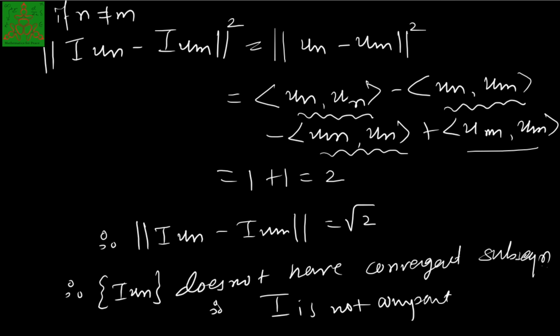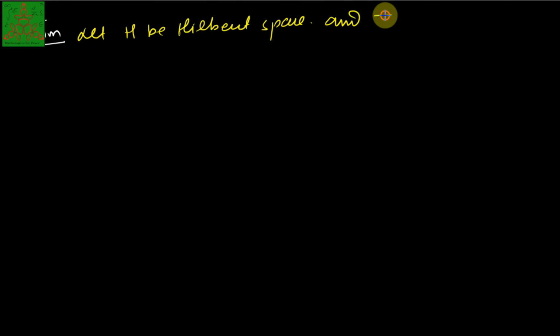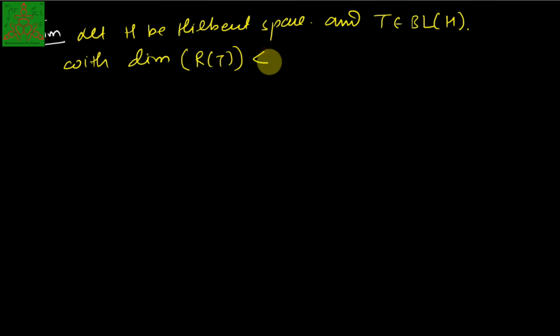Now let us move forward with some more results on compact operators. Let H be a Hilbert space and T belongs to BL of H. If the dimension of the range space of T is finite, that means the rank of this operator T is finite, then T is compact.